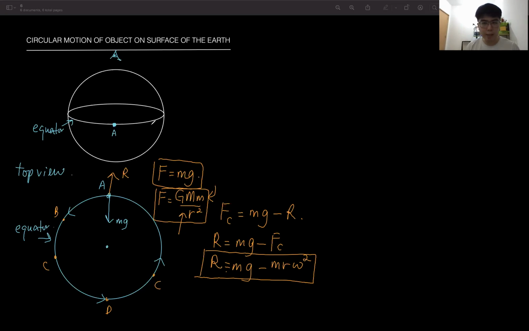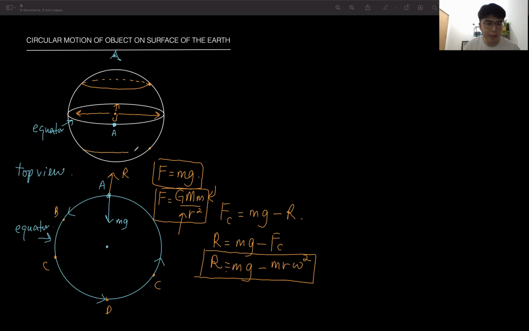This point, this point, this point, the reaction is the same. It is along the equator, right? Because the radius here, we take the radius the same over here, here, here, and here. Now that is different when you have the object up here. If the latitude is different, then your circle is much smaller. So the radius changes, and then the reaction also changes.